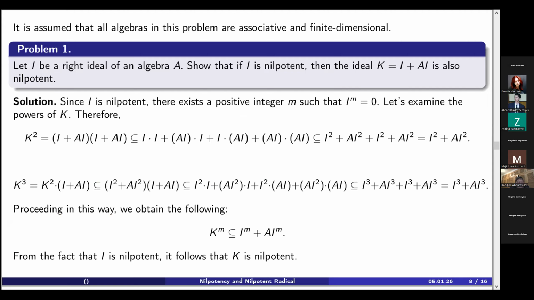Let us examine the powers of I. I square is I plus AI, subset of A multiplied A plus AI multiplied I plus I multiplied AI plus AI multiplied AI. Subset of I square plus AI square.